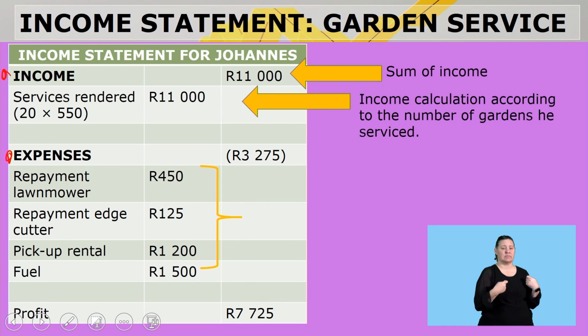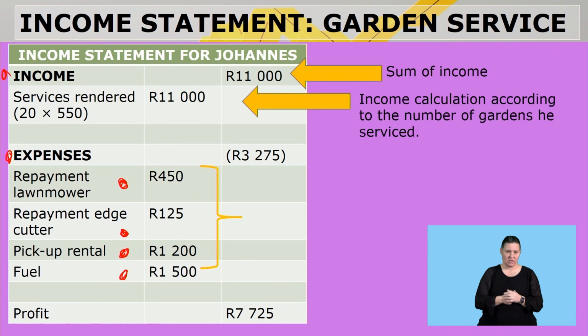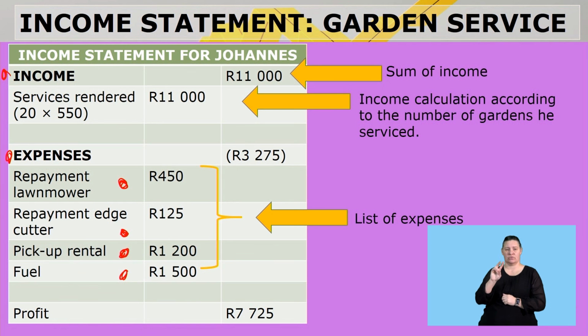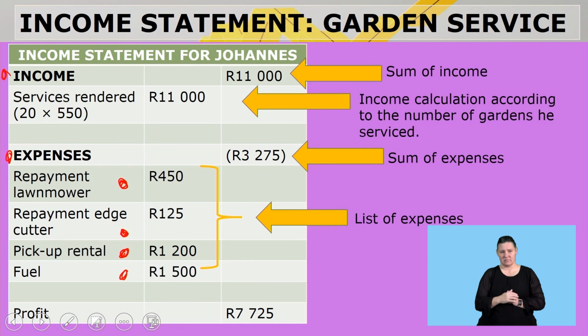Then expenses, you will list each and every one: the repayment of the lawnmower, repayment of the edge cutter, the pickup rental, and also the fuel. Each will be specified, and it would be now the list of the expenses. Then you'll add up the expenses and then write it there in line with the expenses.